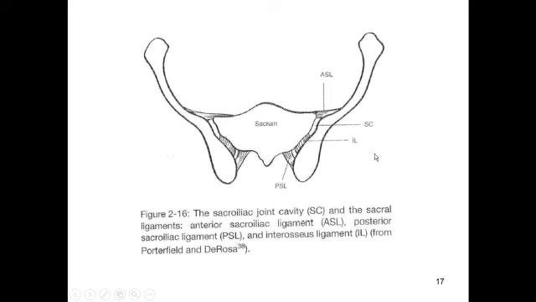And there are definitely pathologies that occur. We tend to see SI joint disruption or pathologies primarily in women. And if you look at the factors that decrease stability in the SI joint that are listed in your outline, you can see that those factors pertain mostly to women.